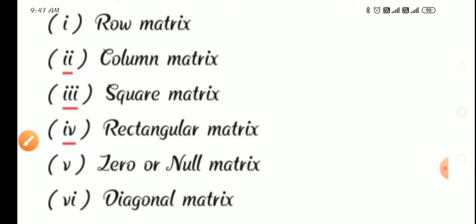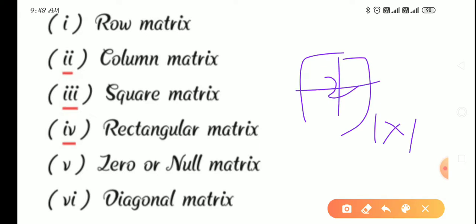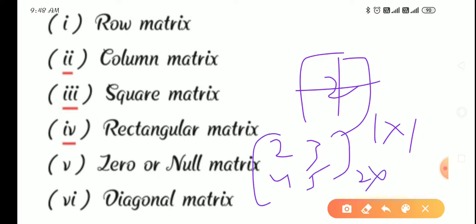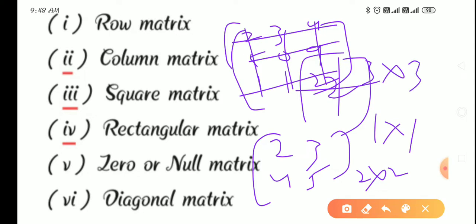One more square matrix, 1 by 1 order, is also a square matrix, 1 row, 1 column. One more you can take: 2 3 4 / 5 0 9 / 1 1 2. Here you can see 3 rows and 3 columns, so 3 by 3, it is also a square matrix of order 3.